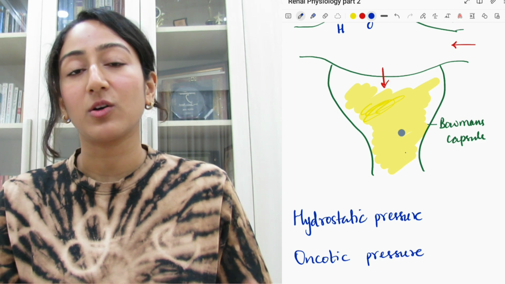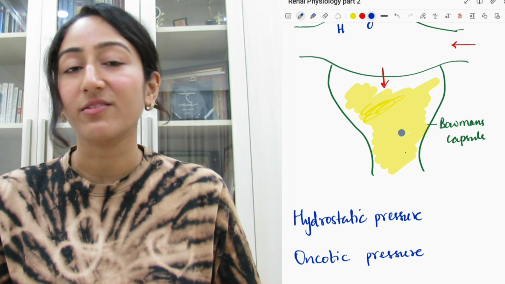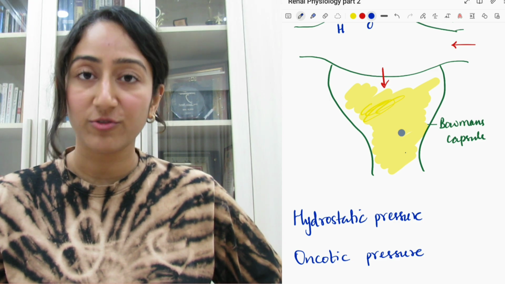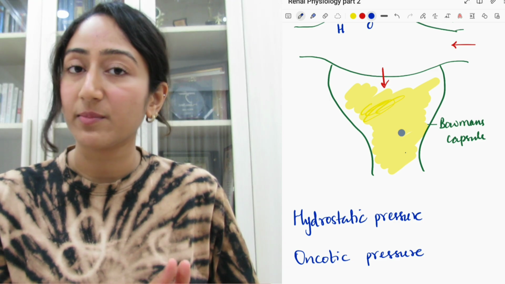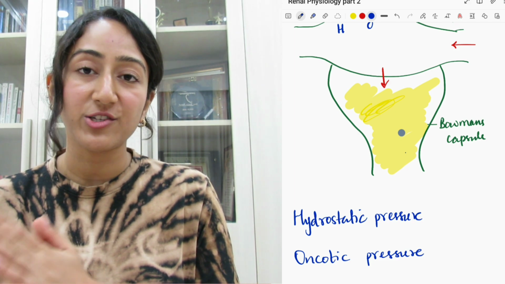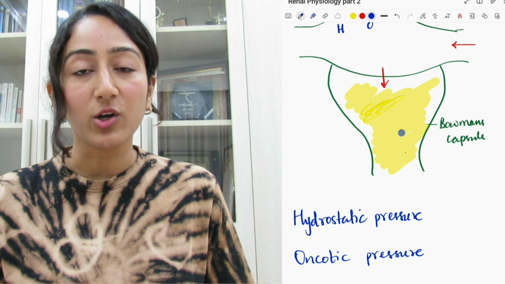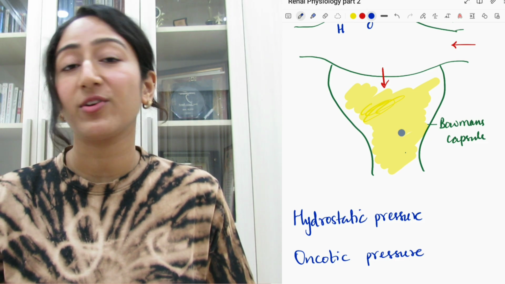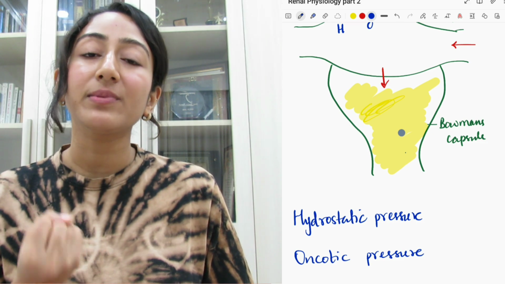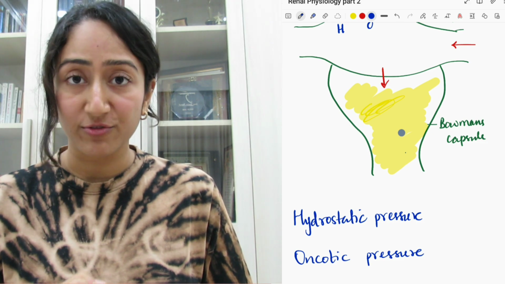If you understand the concept of osmosis, then you will understand this very easily, that the hydrostatic pressure is the pressure exerted by, for example, the outward pressure exerted by water, right? Water always wants to go from the area of higher concentration to lower concentration, whereas oncotic pressure is a pressure exerted by, for example, salts, right, or the plasma proteins in the blood. They will want to keep that water to itself.